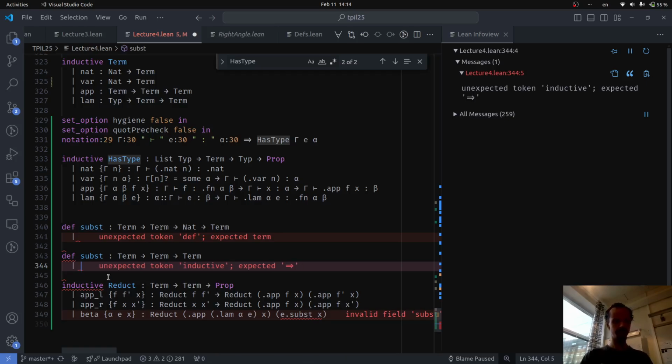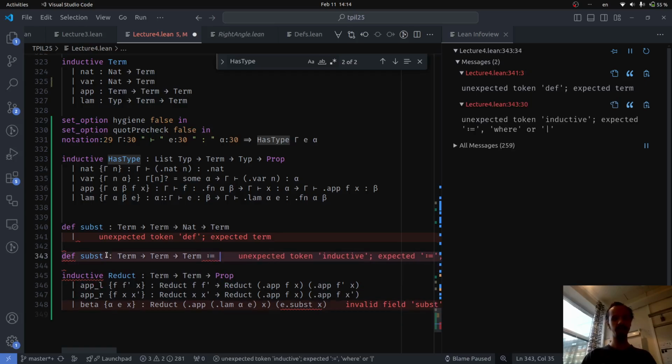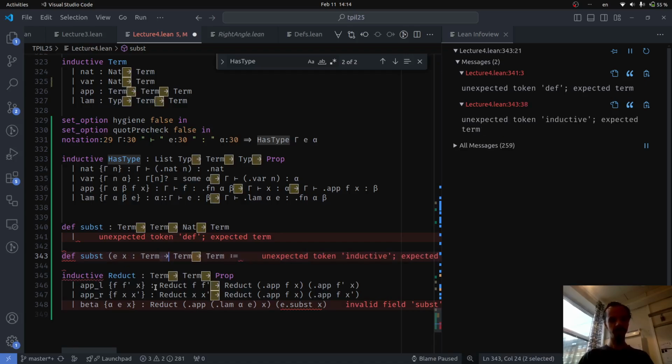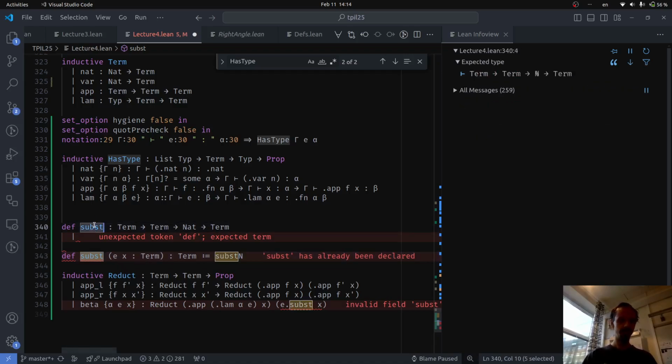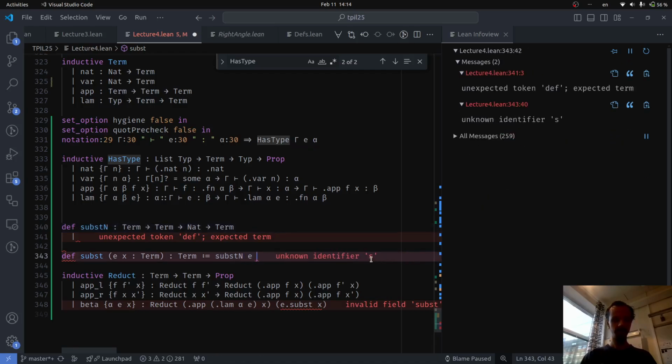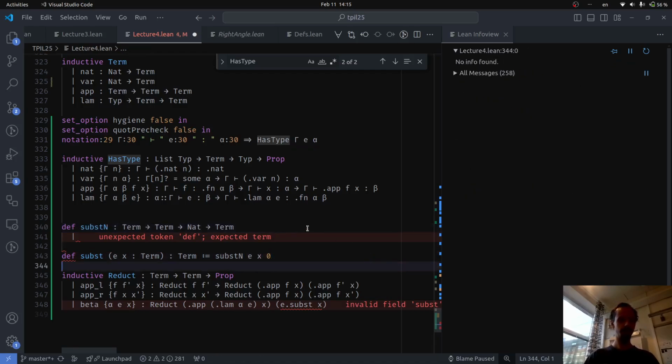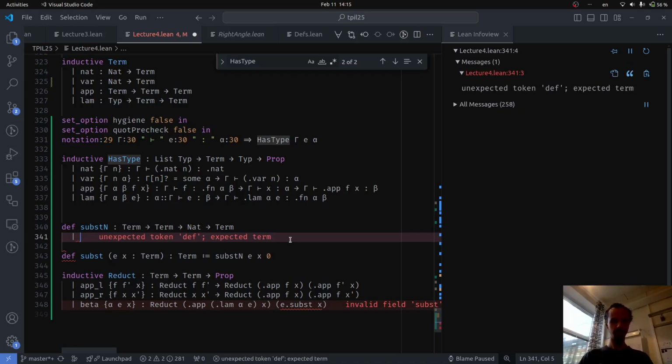So here we're defining a function, we have an expression like this. And this is just going to be subst n e x and 0. But okay, how does this work?